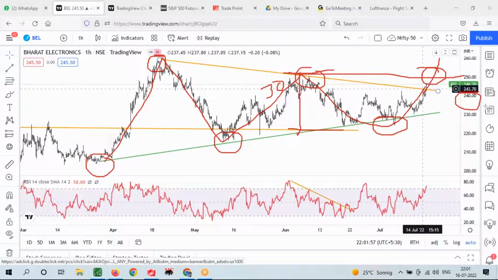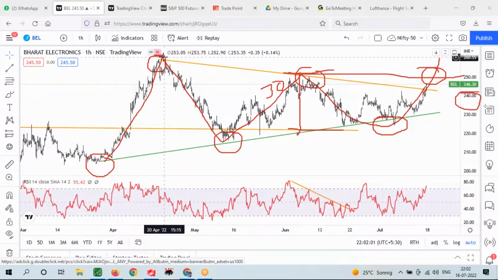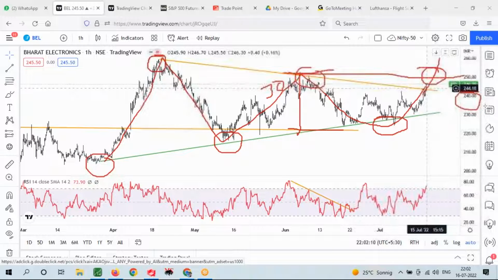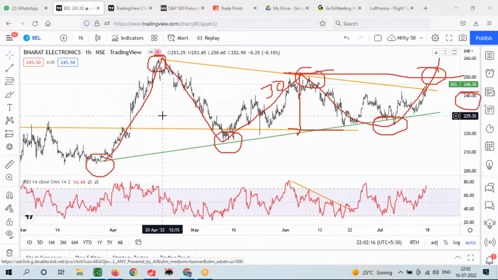So the breakout is at 243, add 30, 275. If you take the larger base, 260 and 215, so 45 rupees, 45 plus 245, it's like 290. So 275 to 290 are likely targets.